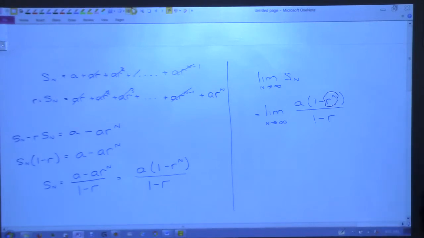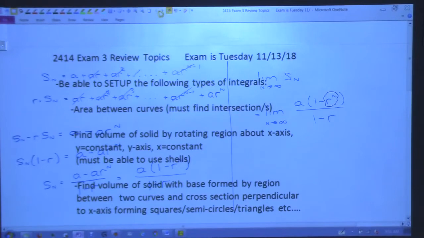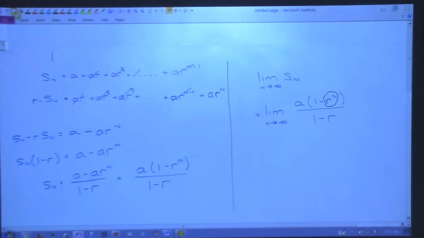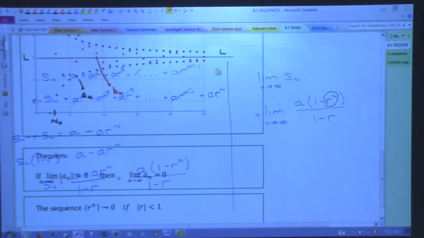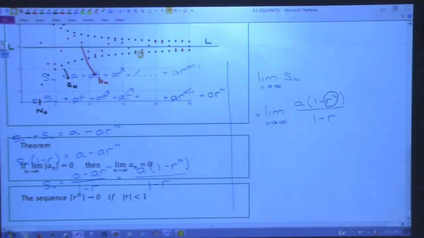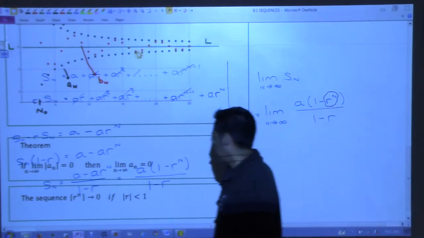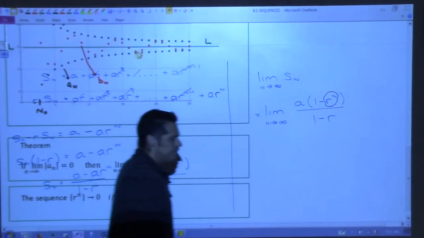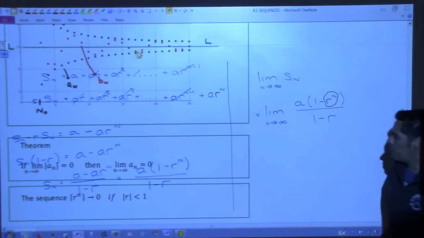So break out your notes from last class. We had a very important note there on the bottom of the first page, I believe, when we were talking about sequences, and I kind of jumped through it pretty quick.